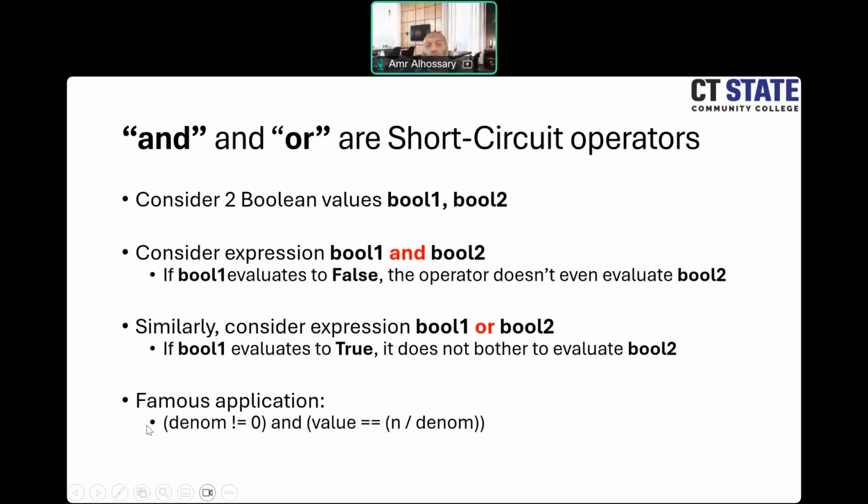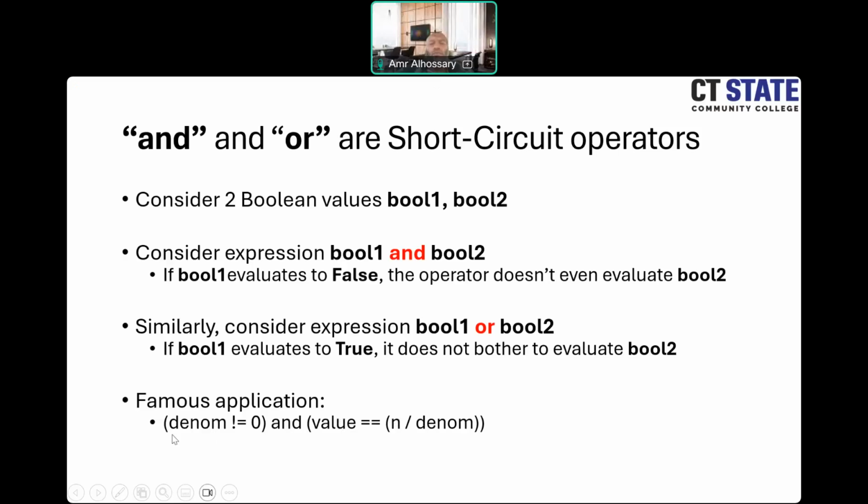So, for example, when you want to avoid division by zero, you start by writing the expression to check whether the denominator does not equal zero, and then the expression which divides the first by the second and puts the value to the left side.